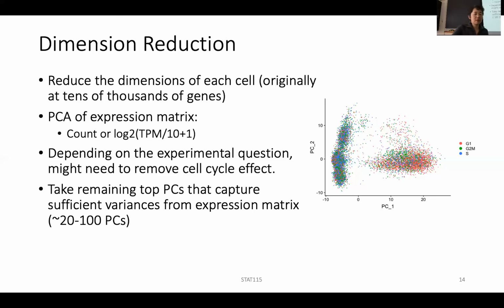And the plus 1 is to make sure that if you have indeed a 0, you can still take the log of it. Basically, this approach will mostly figure out which genes are roughly expressed and not expressed. The rest doesn't matter so much. You just want to roughly separate the cell types a bit.